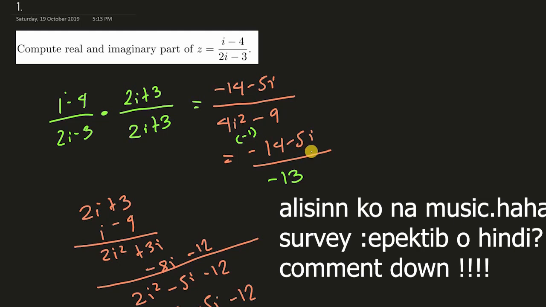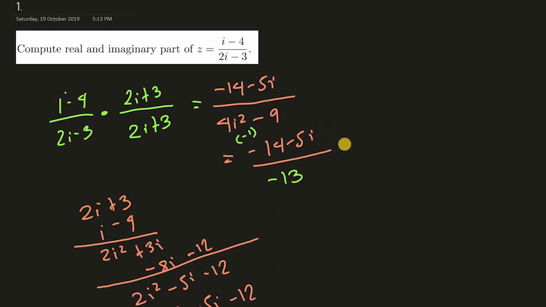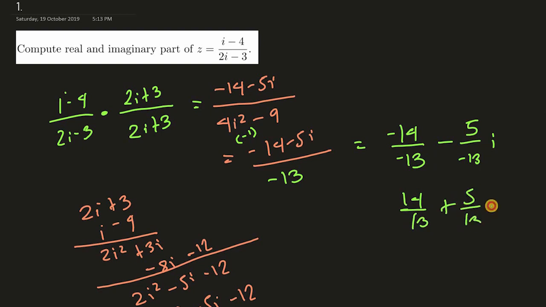Now, we write this in rectangular form. This would be equal to negative 14 over negative 13 minus 5 over negative 13i. Simplifying that, since this is negative, lahat yan magiging positive. So 14 over 13 plus 5 over 13i.